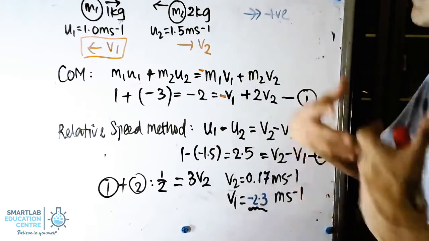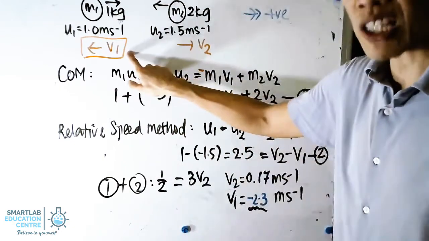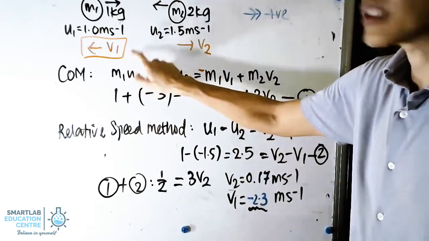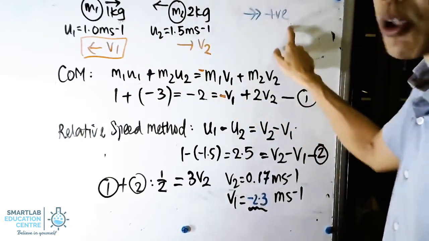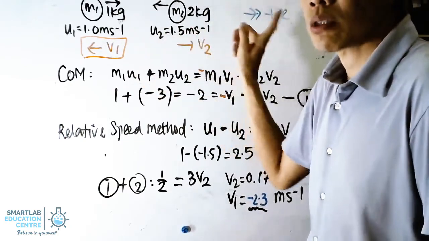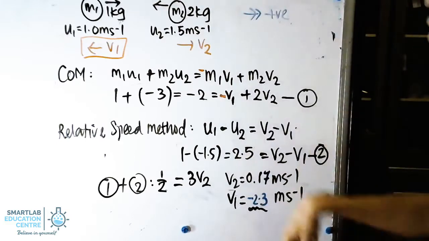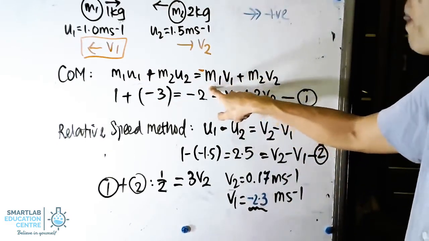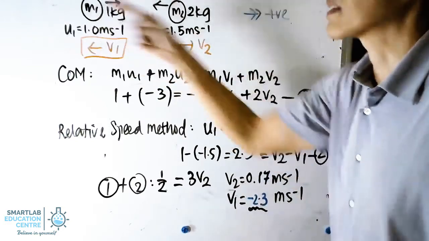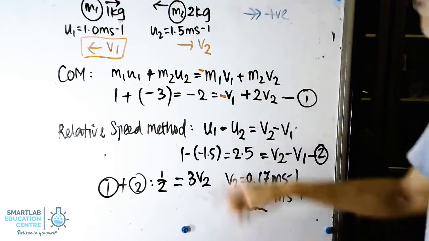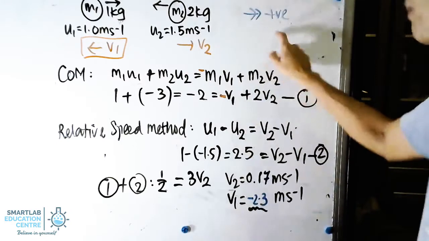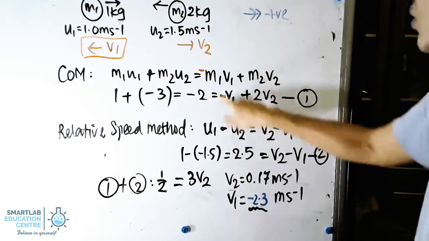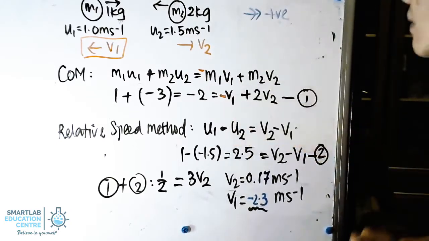In this case, say for example, we decided to change the direction of V1. Instead of going from left to right as positive, we make it go from right to left. In this case, in our calculations, we have to remember to put a negative here, because now the final momentum of your M1 body is actually in the opposite direction to the convention. So this will end up as minus V1.